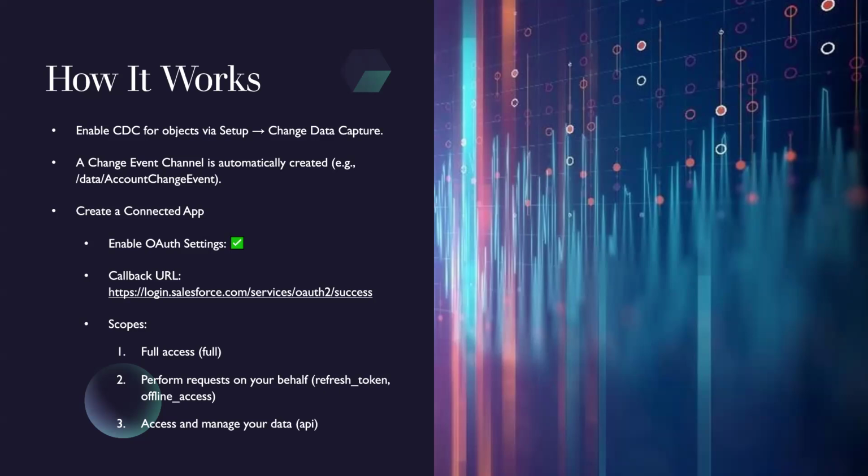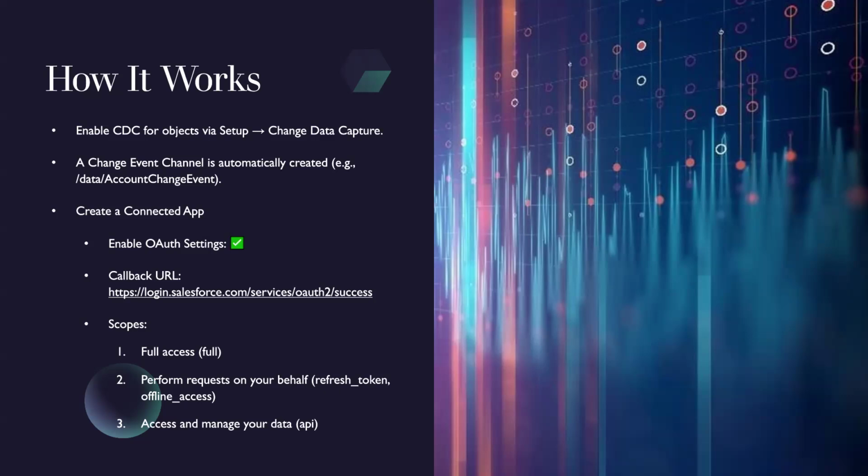But to be able to read the change events from this channel, you need to provide a few more things to the external systems, such as a connected app. When you create a connected app, you need to make sure you enable the OAuth setting for it. You set the right callback URL and the right scopes.